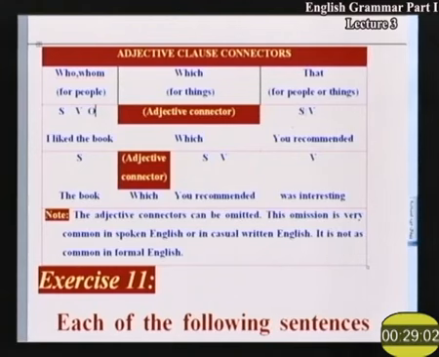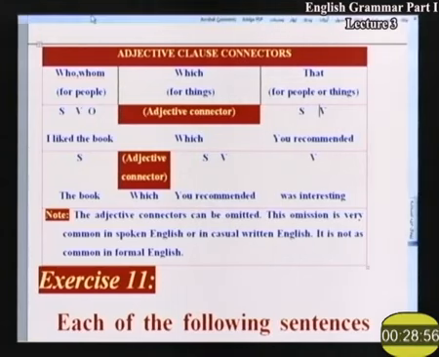This is the adjective clause and it comes right after the noun it describes, which is book.